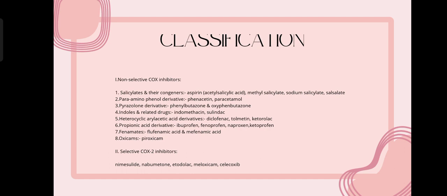Congeners meaning derivatives. The drugs included under this category are aspirin, also referred to as acetyl salicylic acid, methyl salicylate, sodium salicylate, salsalate. Then para amino phenol derivatives: phenacetin and paracetamol, which is commonly marketed as Crocin and Dolo.